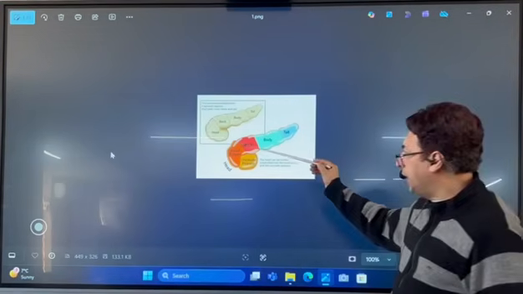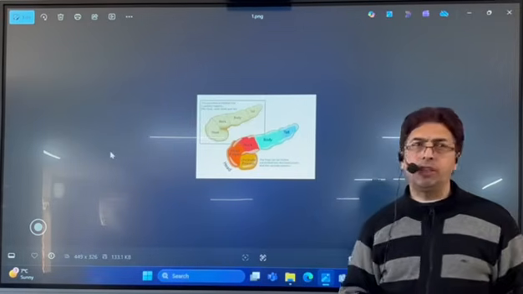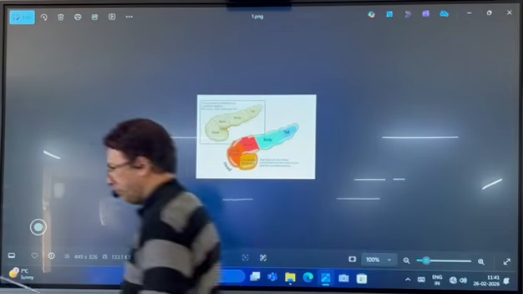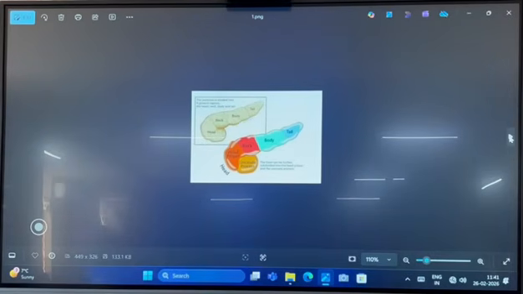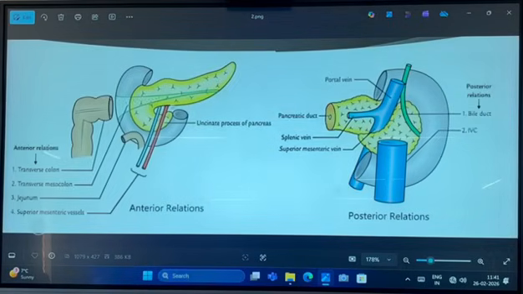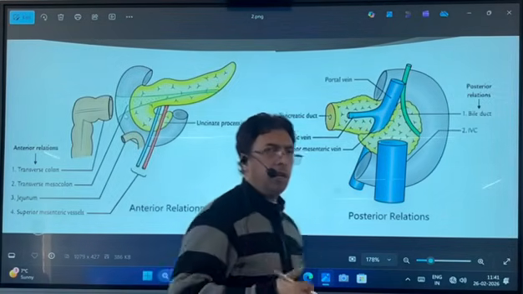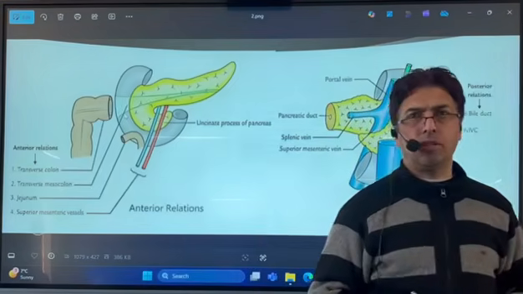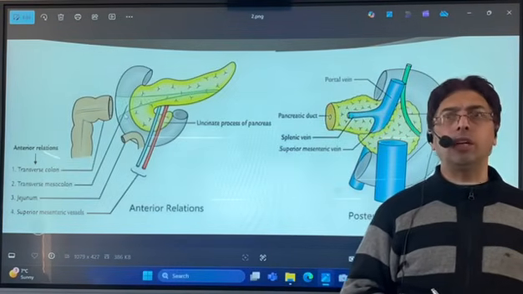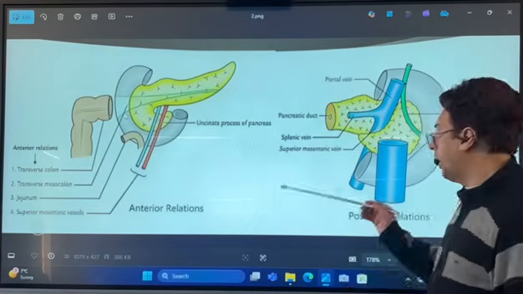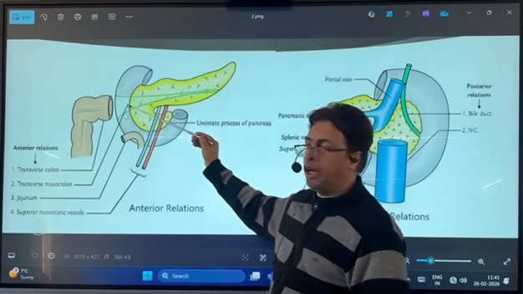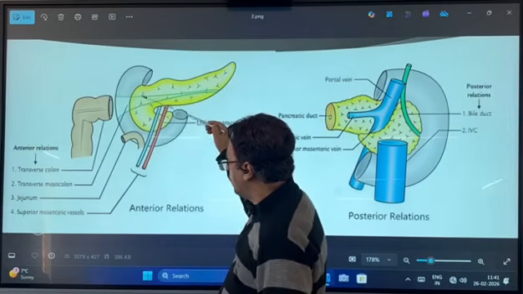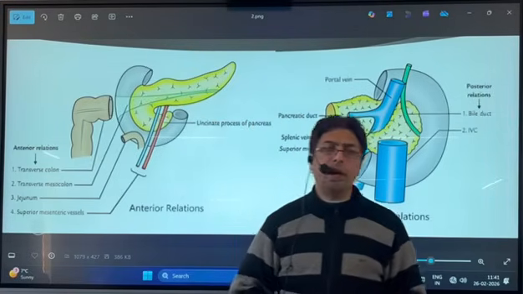This is the head of the pancreas and it lies within the concavity of the duodenum. Say, for example, a patient has got a pancreatic mass, and I am telling you in relation to the head of the pancreas. Other patients have tumor of the head. I am not talking about the neck, the body and the tail. About this area, what will it compress?